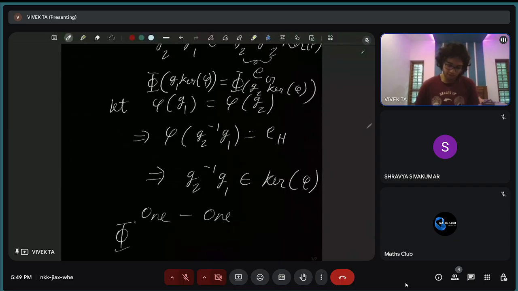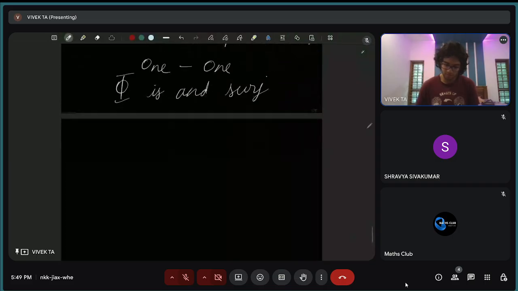So given that phi now is one-one and surjective, this proves phi is an isomorphism of groups. So G mod kernel phi is isomorphic to the image.